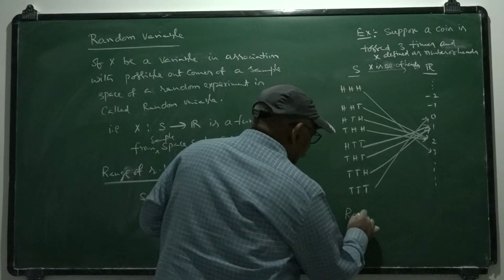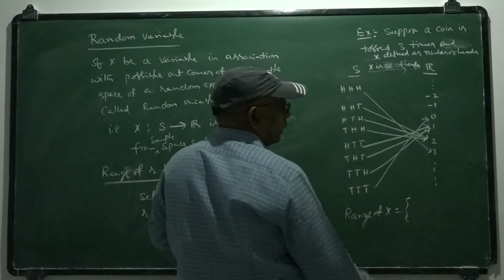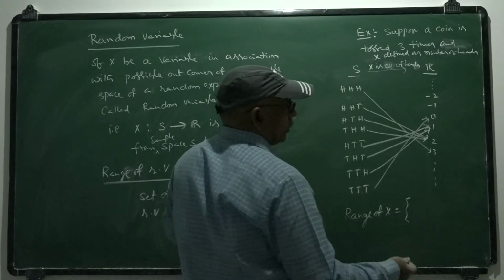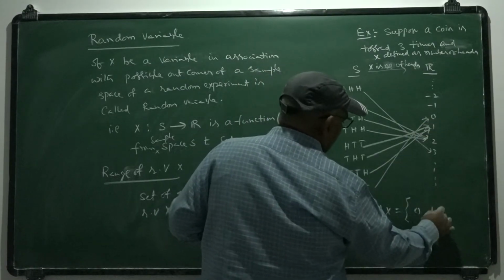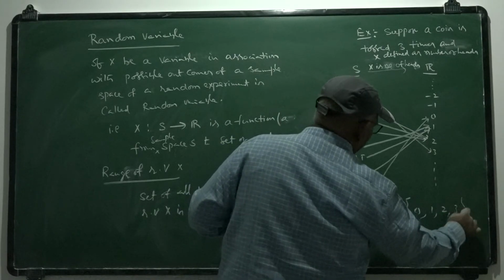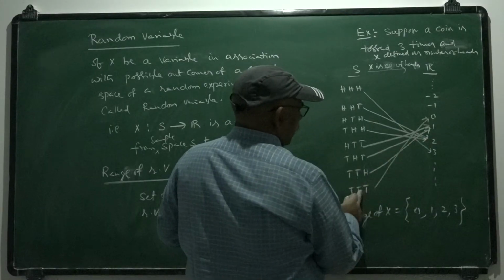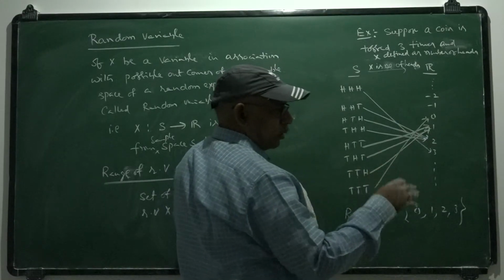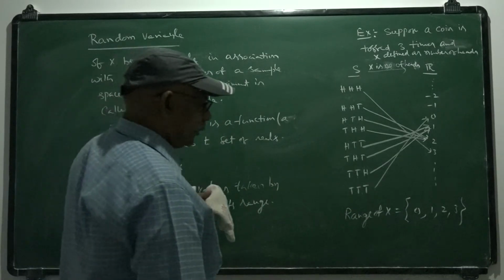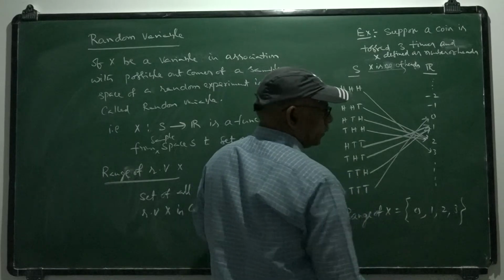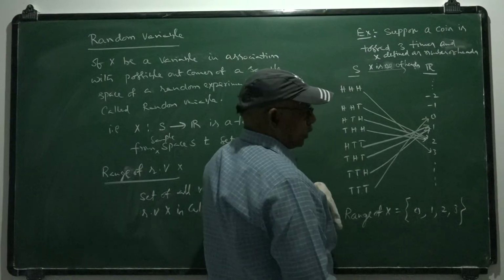Here the range of X is the values taken by X, which are 0, 1, 2, 3. X takes the value 0 when all the possible outcomes are tails. X takes the value 1 means only one head occurs when a coin is tossed 3 times.